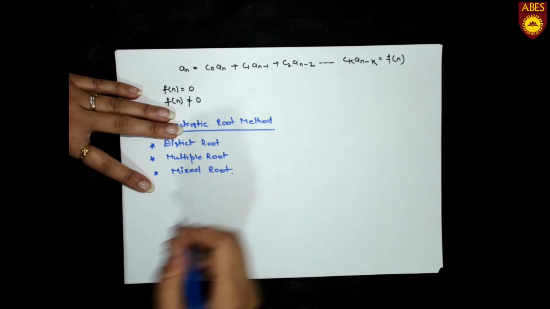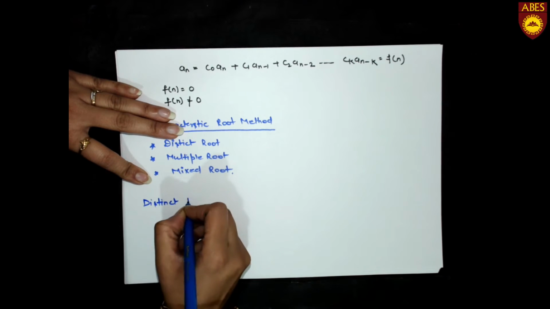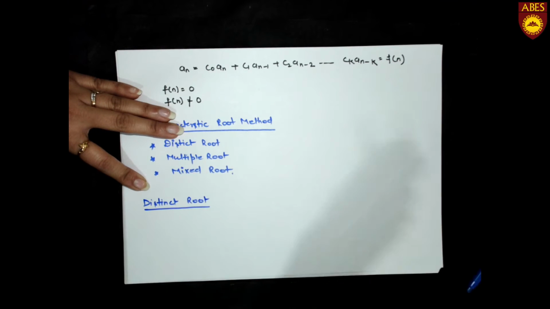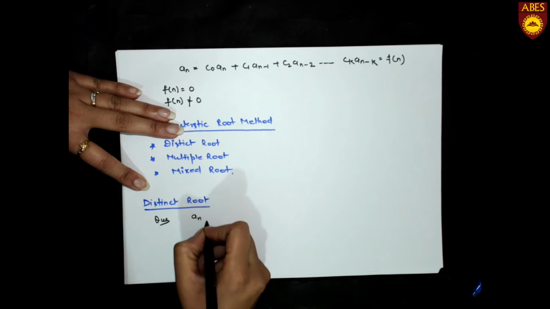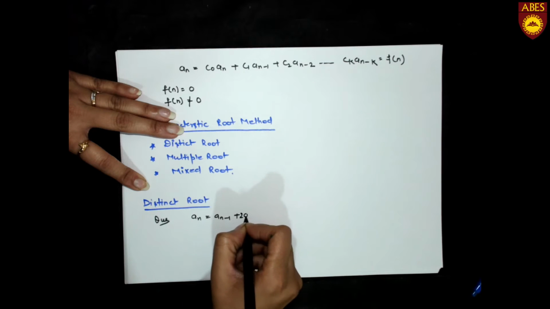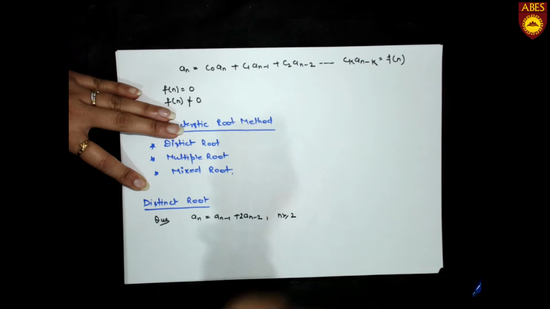First of all, we will take the example of distinct roots. Suppose the equation is an equal to an minus 1 plus 2an minus 2, where n is greater than or equal to 2.